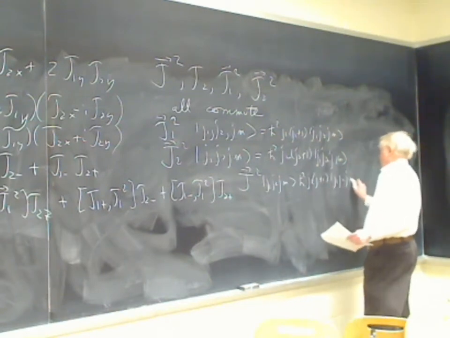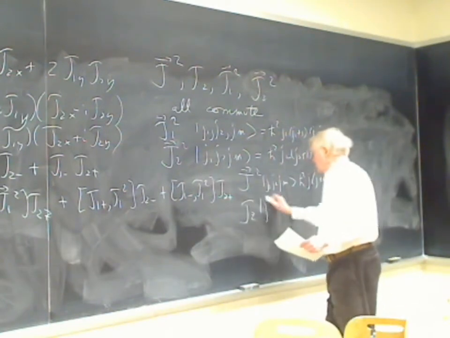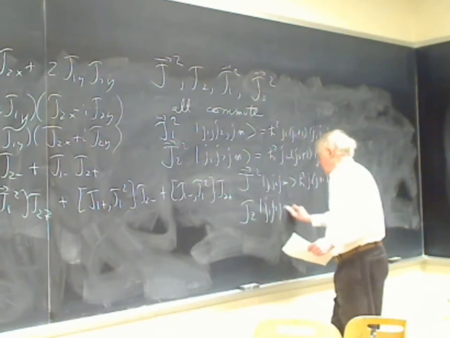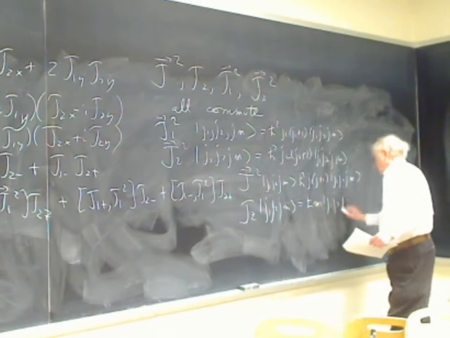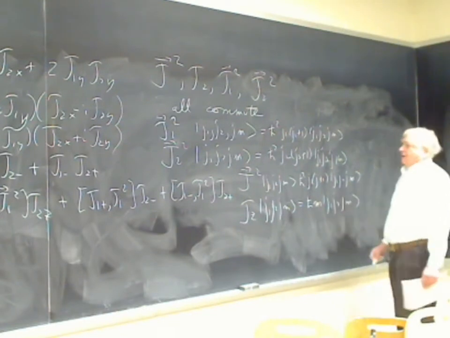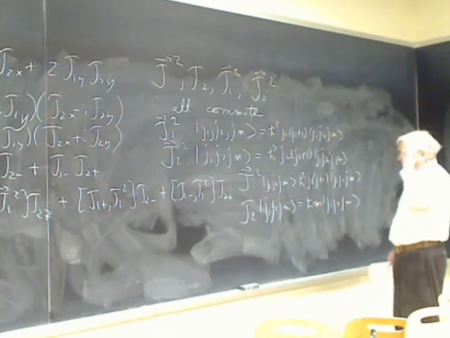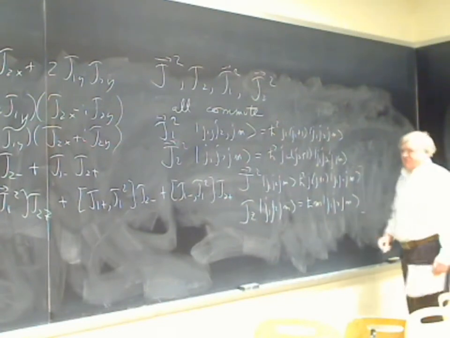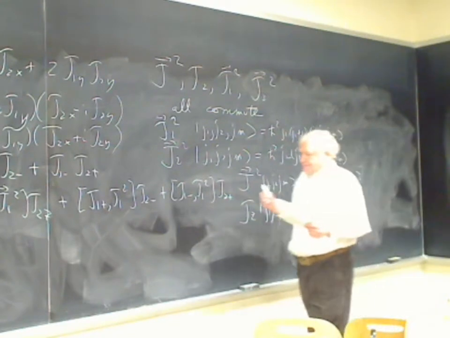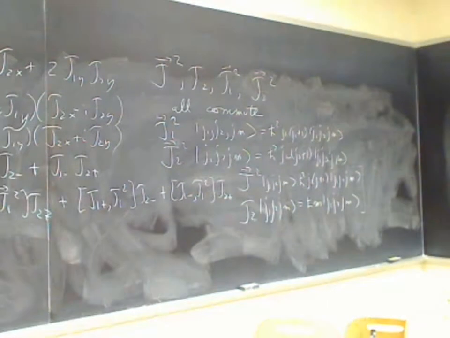|j1, j2, j, m⟩. And then we have Jz on |j1, j2, j, m⟩, and this is going to be ħm |j1, j2, j, m⟩. Okay. So this is what we know. These last two equations come from the fact that we've just proven that J is an angular momentum.